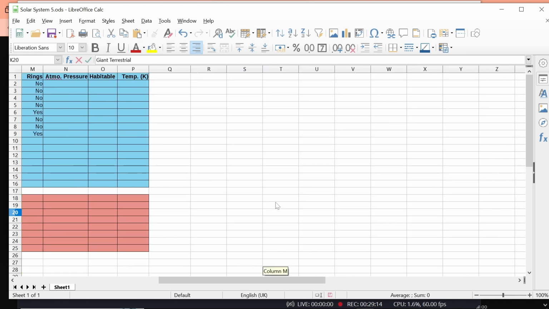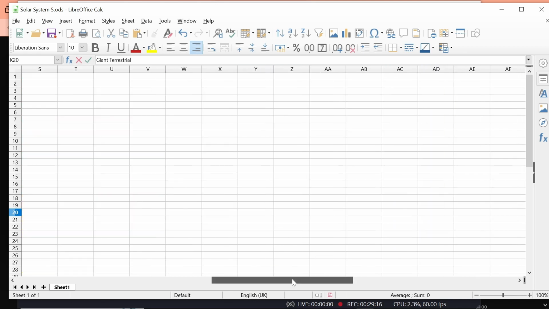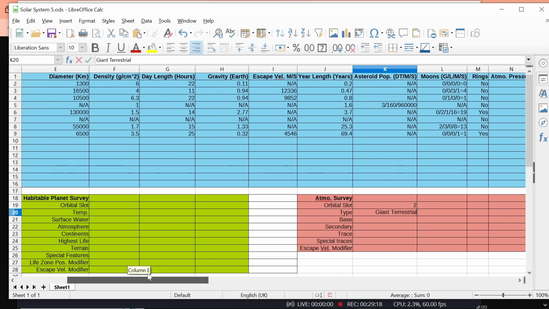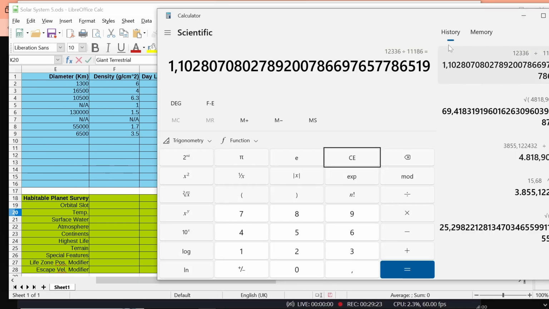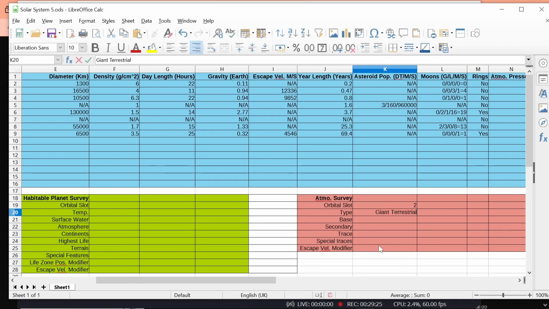Whoops. What was it again? 1.1 is the modifier. That's not going to make any difference to our rolls, I don't think. But we'll see. Oh, it could make a difference if we roll high, I think.